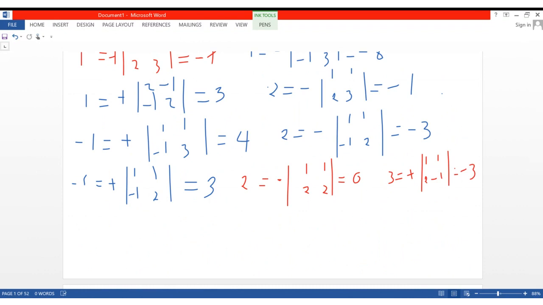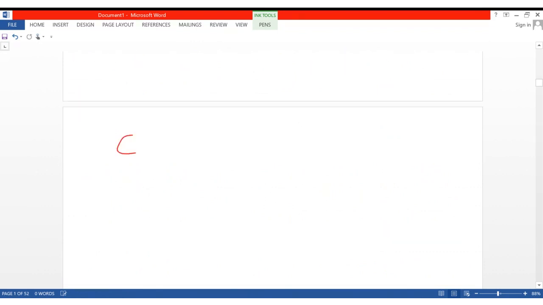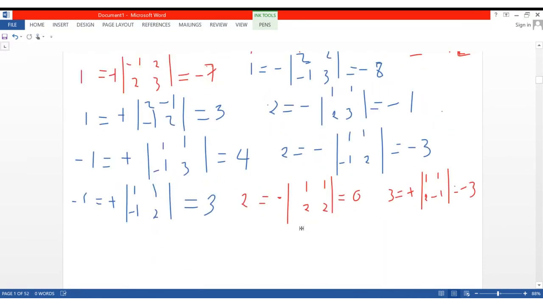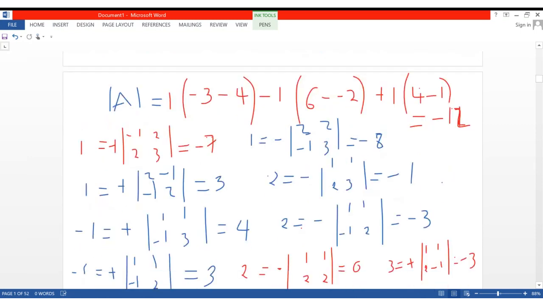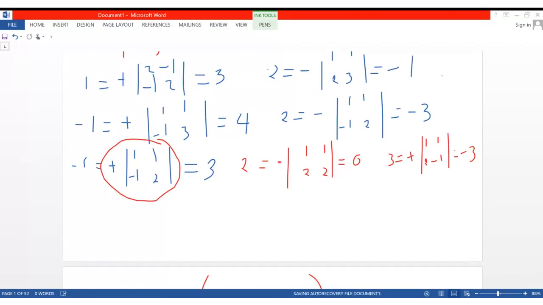So let me form the matrix of cofactors here to see. Let's input all the values, moving from left to right. Let me pause, because these are just numbers and we are humans, we can easily make mistakes. So let me go back. I was moving from left to right.